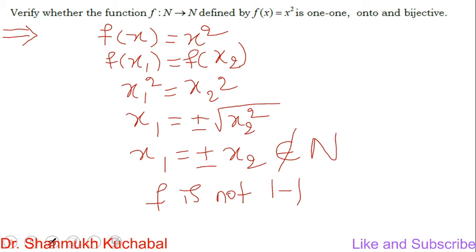So dear student, did you understand? Here f is defined on N. In the set of natural numbers, negative numbers are not defined, therefore it is not a 1-1 function.